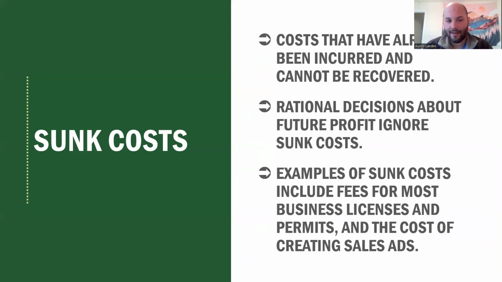But the general idea here is that when we're thinking about what the producer's decision making is going to be, we as economists generally think that the producer will look at their marginal costs versus their marginal revenues. In other words, they'll look at, if I produce and sell one more unit, how much additional will that cost me versus how much additional revenue I will bring in, right?